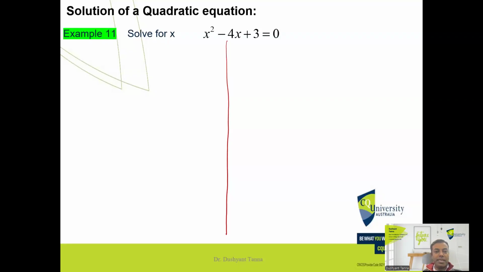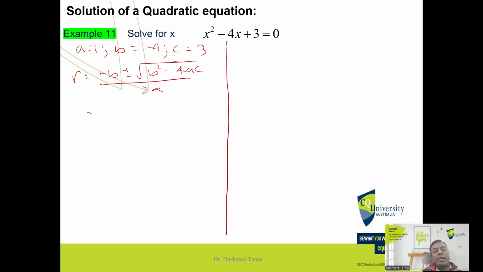Okay, let's do the new formula approach first. Our a here is 1, b is minus 4, and c is 3. The roots equal minus b plus or minus square root of b squared minus 4ac over 2a. You don't have to write the formula, but if you are unfamiliar, then please write it.